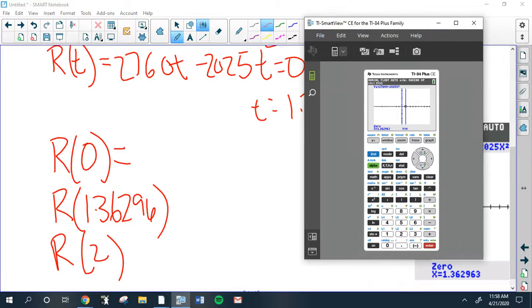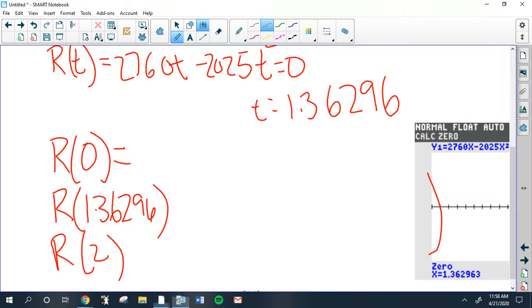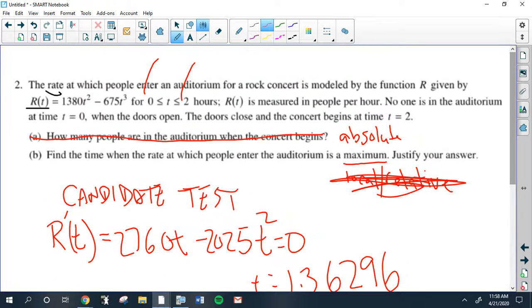I'm going to now type the actual function in the calculator. I have to find it.